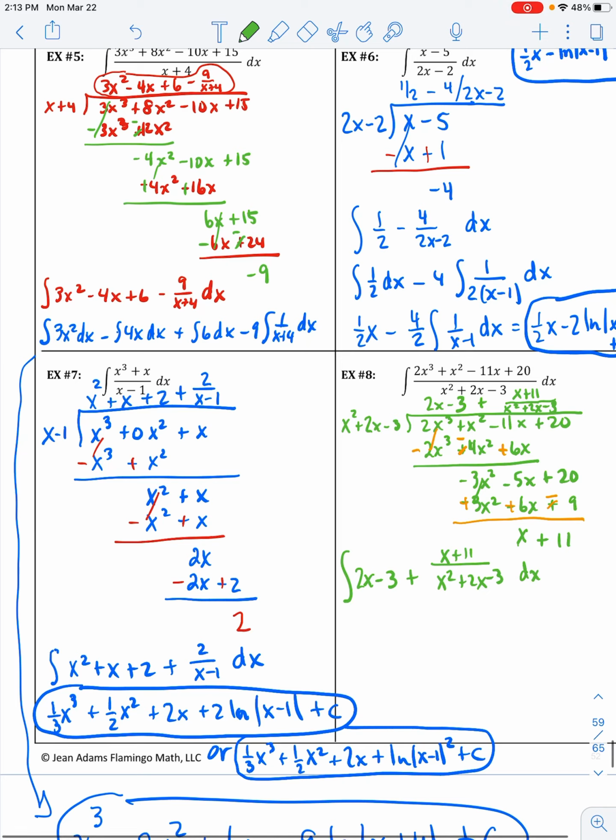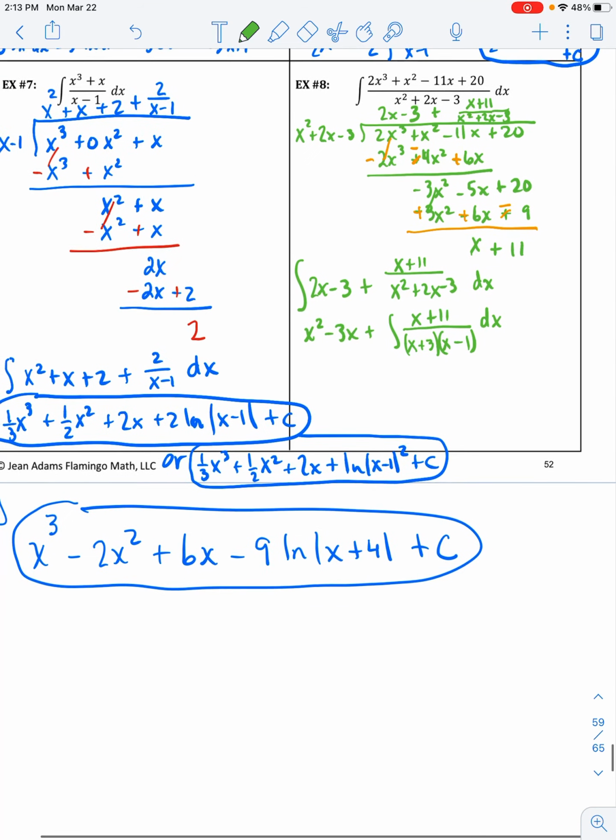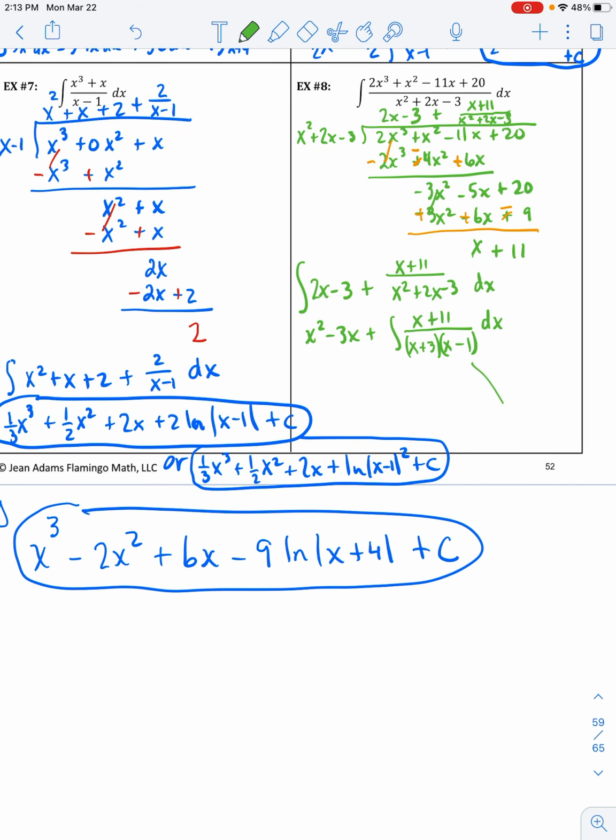And since I can factor my denominator, I'm going to go ahead and say, well, this is going to be x squared minus 3x plus, and I'm going to go ahead and do this integral x plus 11 over, and I know that the derivative of my denominator is not x plus 11, so I couldn't do that. I couldn't use u substitution. But this one I can use a positive 3 and a negative 1. And I can use my partial fractions on that.